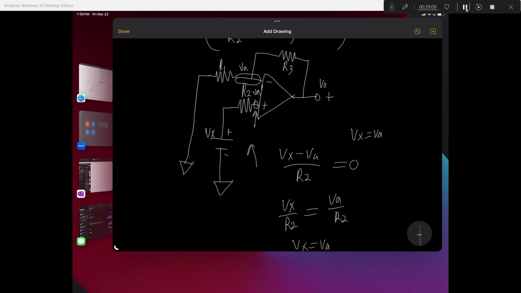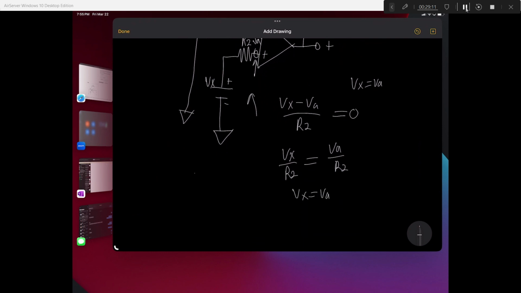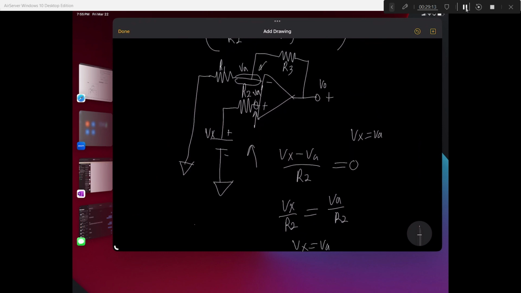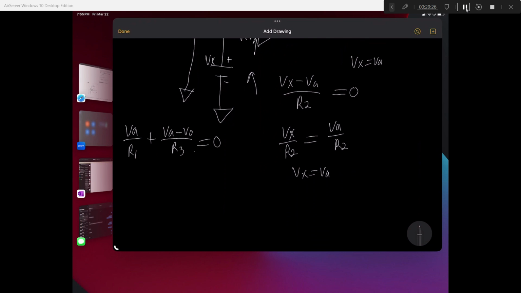So let's continue. Let's do a nodal analysis at this point up here, and we're going to get Va over R1 plus (Va minus Vout) over R3 equal to 0. Solve for Vout. Add Vout over R3 over. Multiply R3 over.